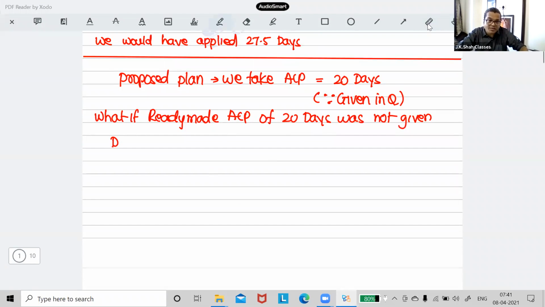We will have two types of debtors. One without discount, the other with a discount. So what is the average collection period?